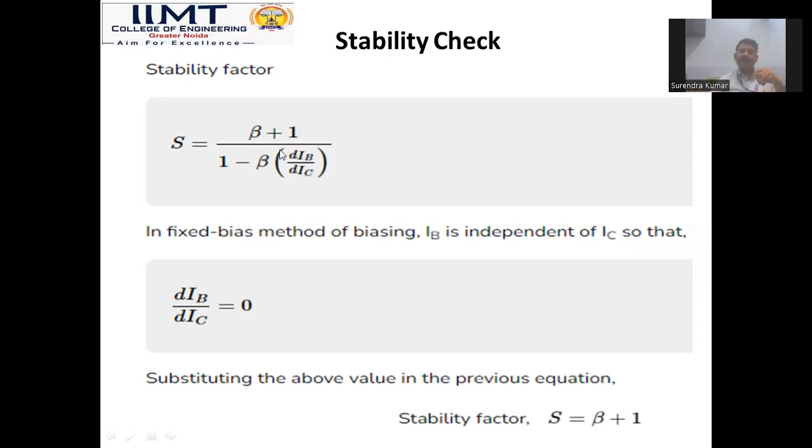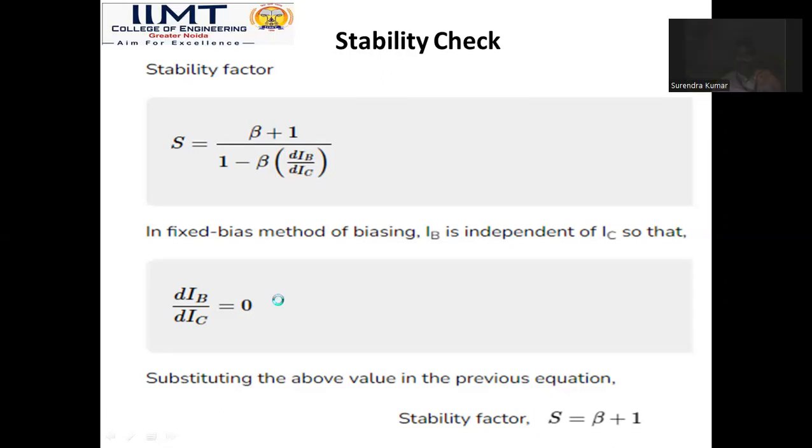For every circuit, our focus will be to find out this value of dIB with respect to dIC. If you put this value in this formula, we will have the stability factor. And the most important thing about the stability factor: a higher value means poor stability. So stability factor and stability move in opposite directions.